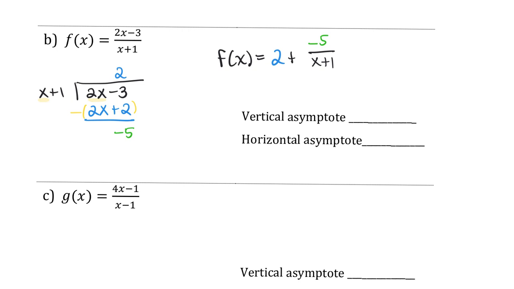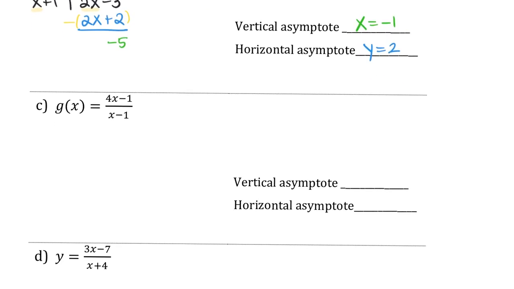Okay, now this format's fine. You might like to write it the other way just because that's more commonly how it's seen, but it doesn't make a difference to me. Okay, now that it is in this format, the vertical asymptote will be x equals negative 1. And then since this is moved positive 2, my horizontal is at y equals 2.